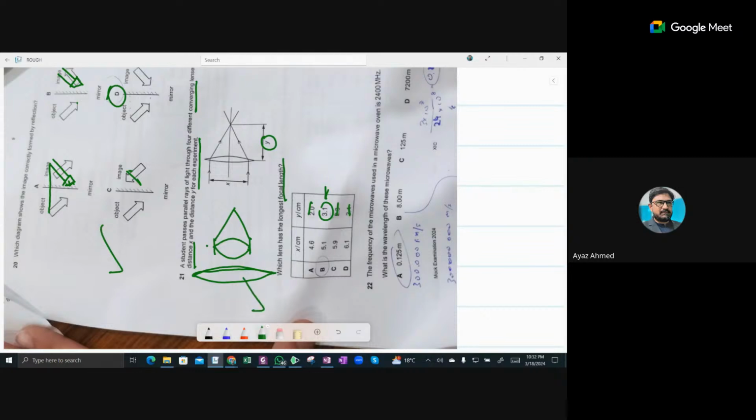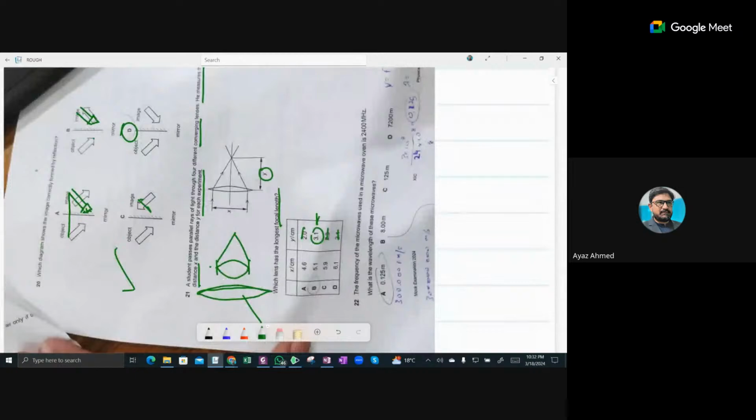The frequency of the microwave used in the microwave oven is 2400 megahertz. This is the fact value, right? Remember this is the resonance value of your hydrogen bonding, so the hydrogen bonding breaks at this level, and we get heat over there. What is the wavelength of the microwave?